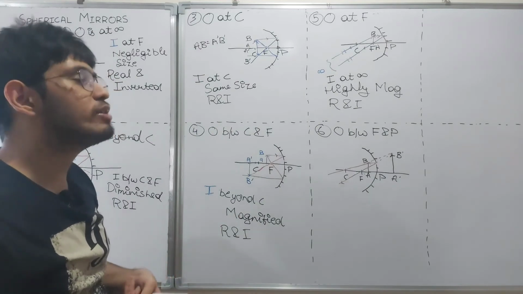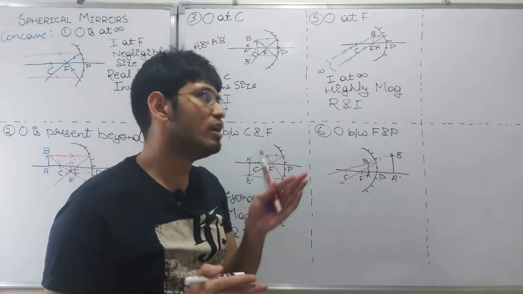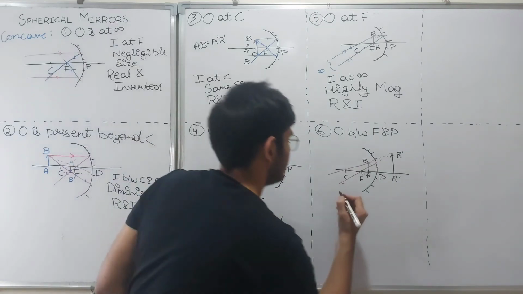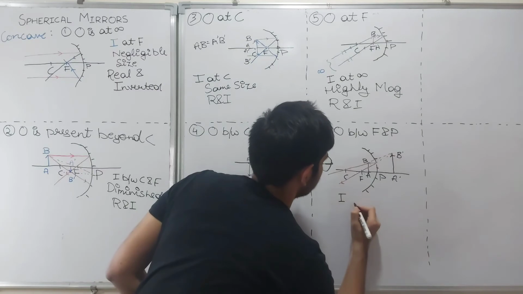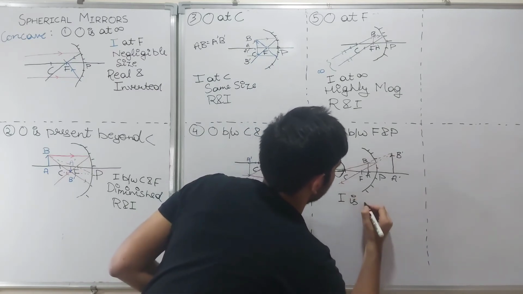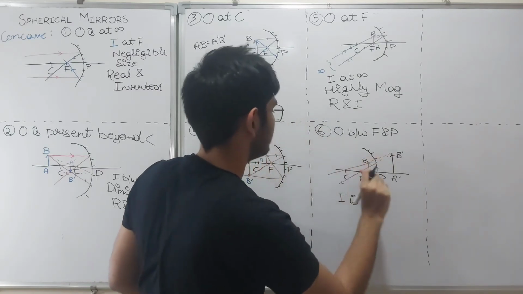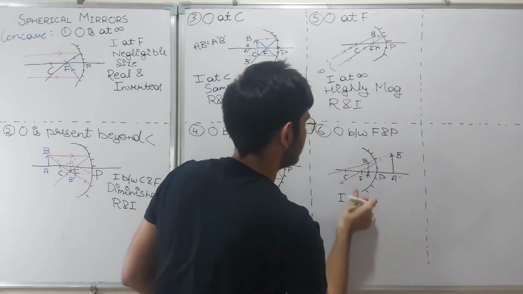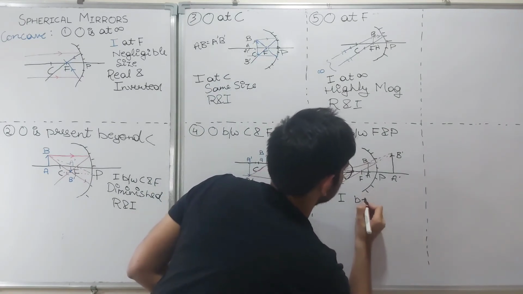Now, what can you tell about the properties of the image? See, the image formed, is it small? Is it magnified? Yes, the image is magnified. First, the image formed is beyond the mirror.